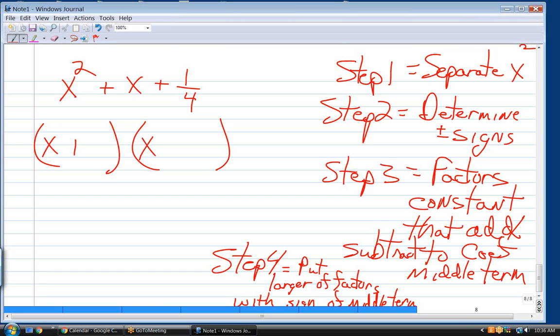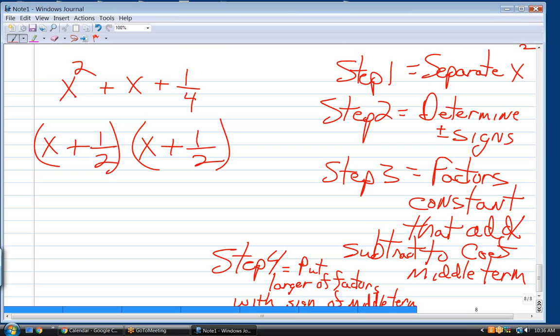Positive. Now, what 2 numbers multiply to 1/4 and add to 1? Remember, they need to add to the coefficient of x. Not to x, but to the coefficient of x. What'd you say? 1/2. Yeah.